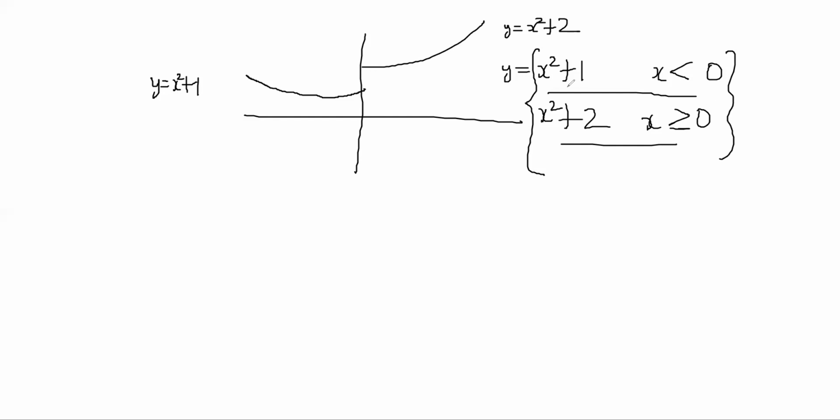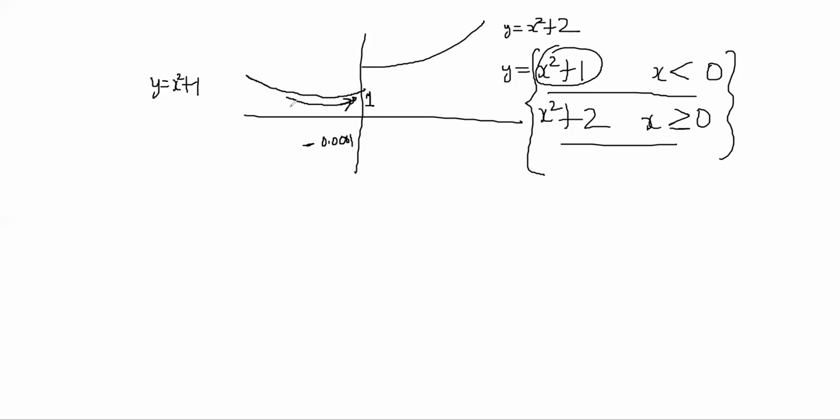So near 0, if you come from this side, the function was which one? x squared plus 1, no? So the value was going near 0. If you come very close to 0, say minus 0.0001, the value has approached 1, because x squared becomes close to 0 and plus 1, right?